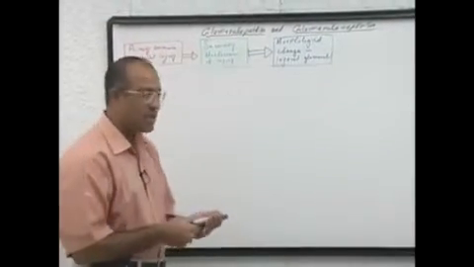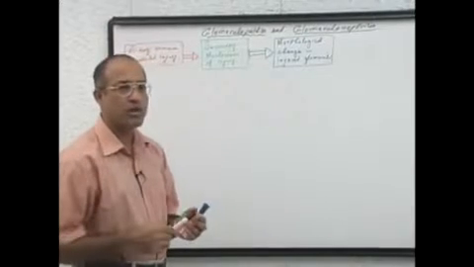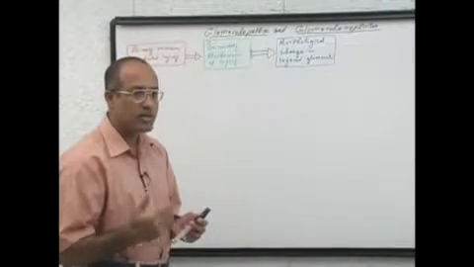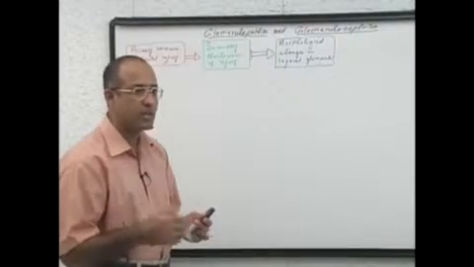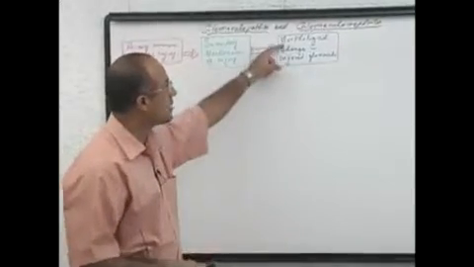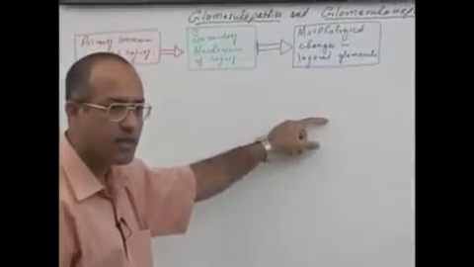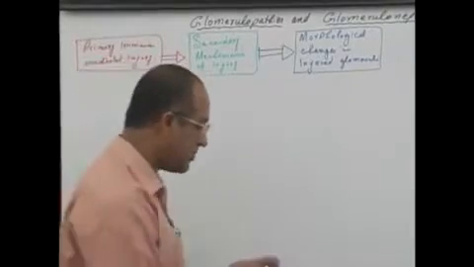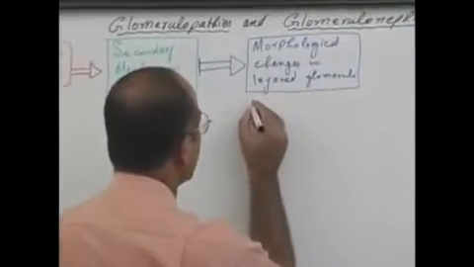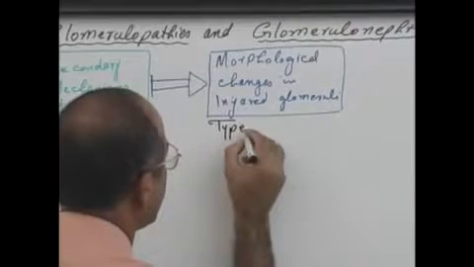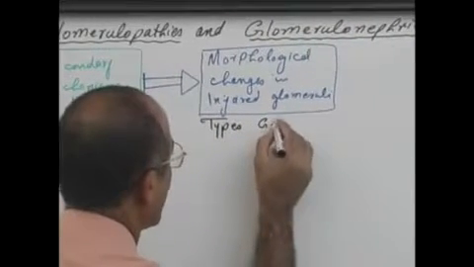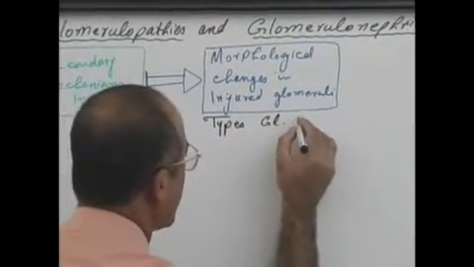So when we talk about the types of glomerulonephritis, the types are classified on the basis of morphological changes in the injured glomeruli. So this will determine the types of glomerulopathies or glomerulonephritis.